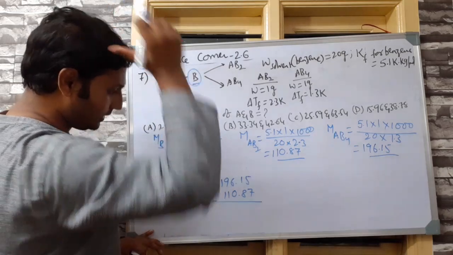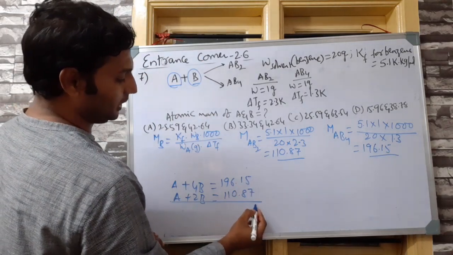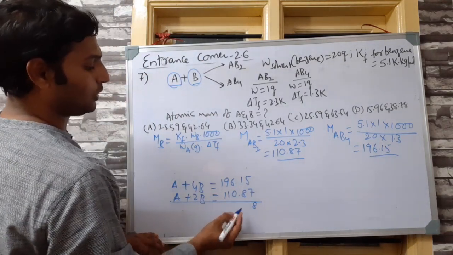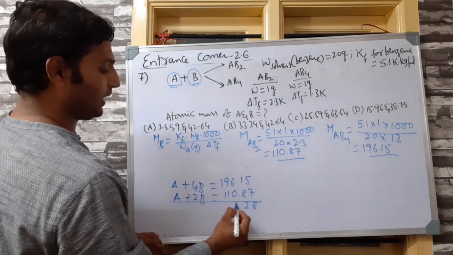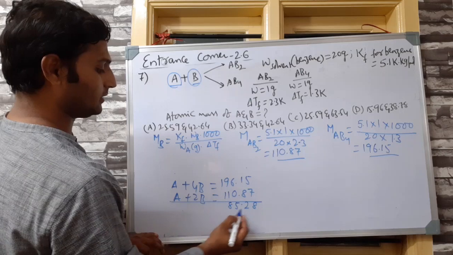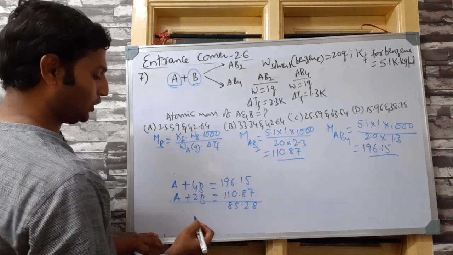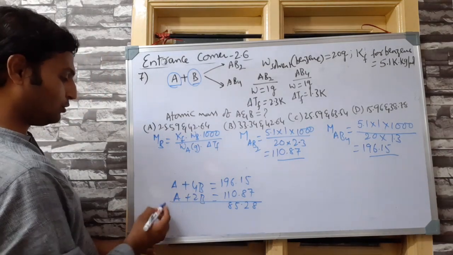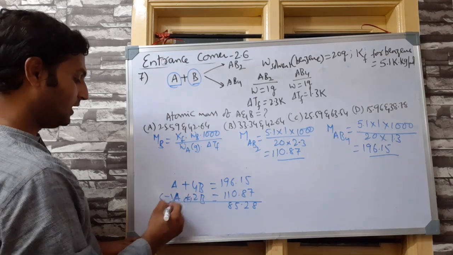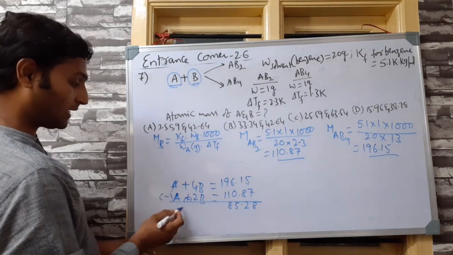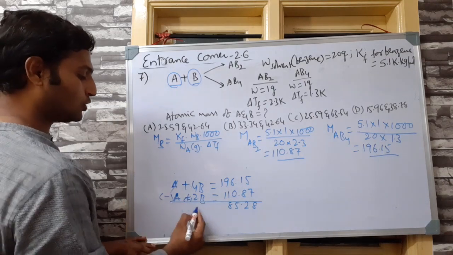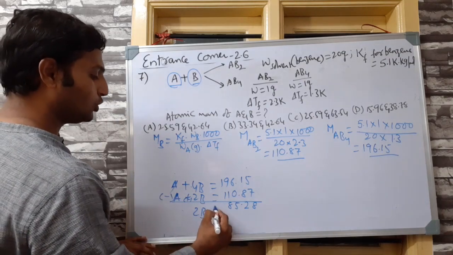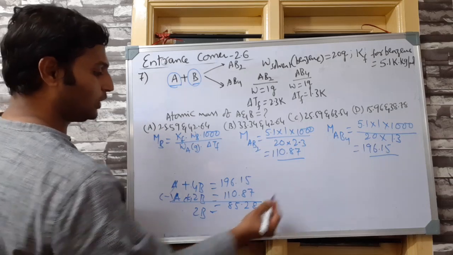If you subtract, 15 minus 7 will be 8, 10 minus 8 will be 2, 5, 9 minus 1 is 8. So 85.28 you are getting if you subtract these two, and A gets cancelled because you are subtracting this equation from this equation. So 4B minus 2B is 2B. So 2B is equal to 85.28.